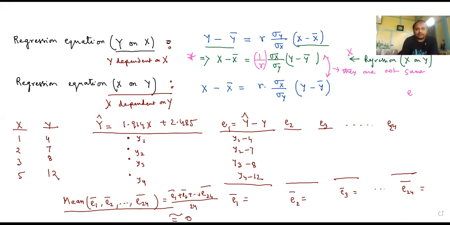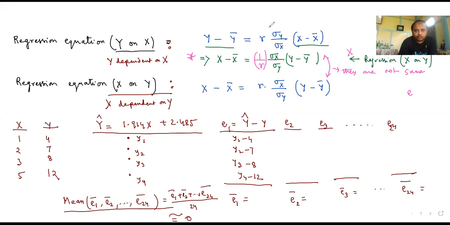Now, one more thing that I want to discuss in this particular case: since we have 2 regression lines, look at these terms that I'm going to highlight right now. This term, R into sigma y by sigma x, comes from the regression equation y on x, and this term is R into sigma x by sigma y.